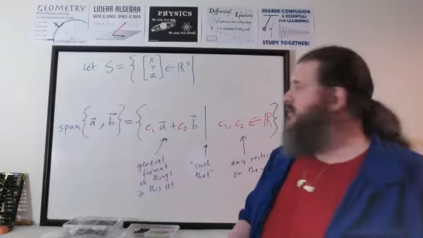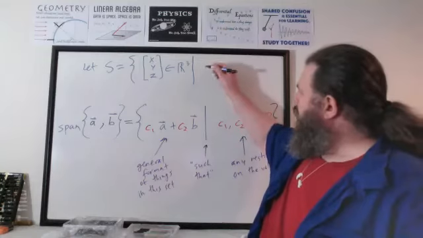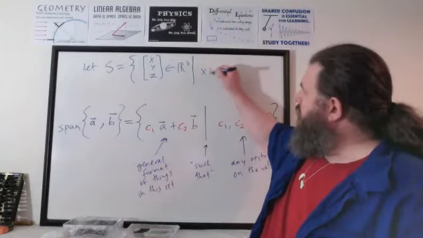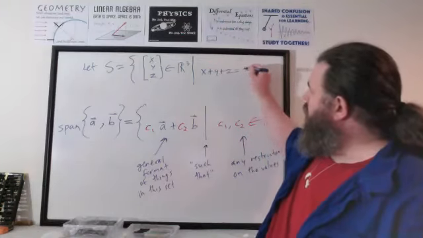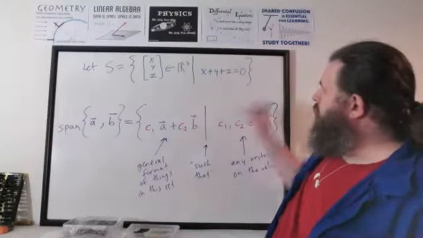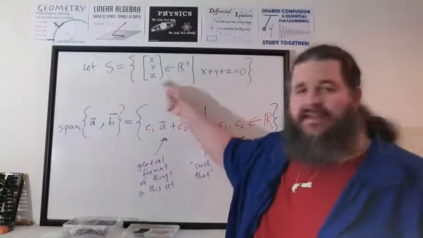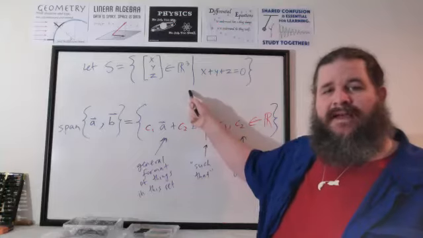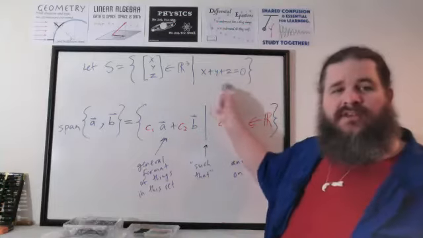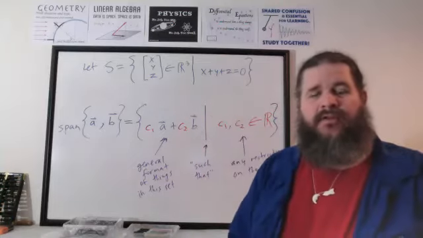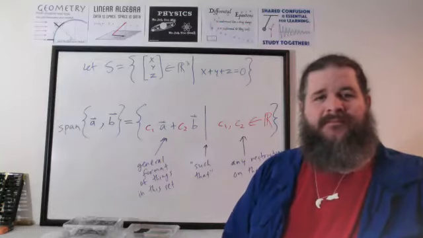Like let's say our restrictions are X plus Y plus Z must equal 0. So this is the sort of thing in the set such that, and then a list of any restrictions that have to be met in order for the thing to really count as part of the set.